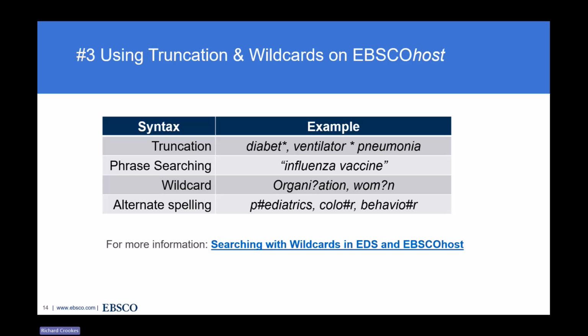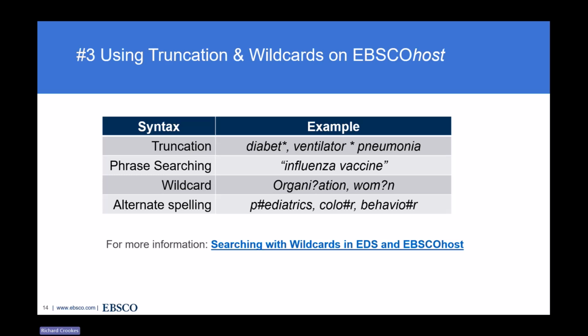So I've got ventilator*pneumonia there with the asterisk between the two words. That would also pick up ventilator associated pneumonia and ventilator acquired pneumonia. And if you think of cognitive therapy, you might have cognitive behavioral therapy or cognitive behavior therapy. So if you put cognitive*therapy, you would find all three variations.